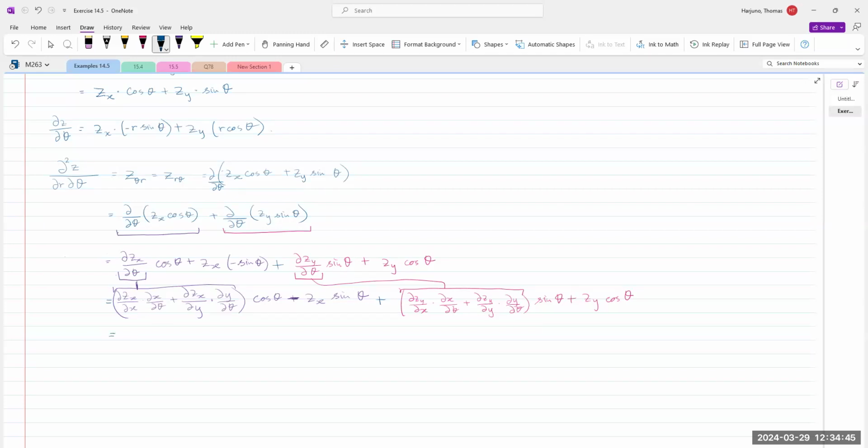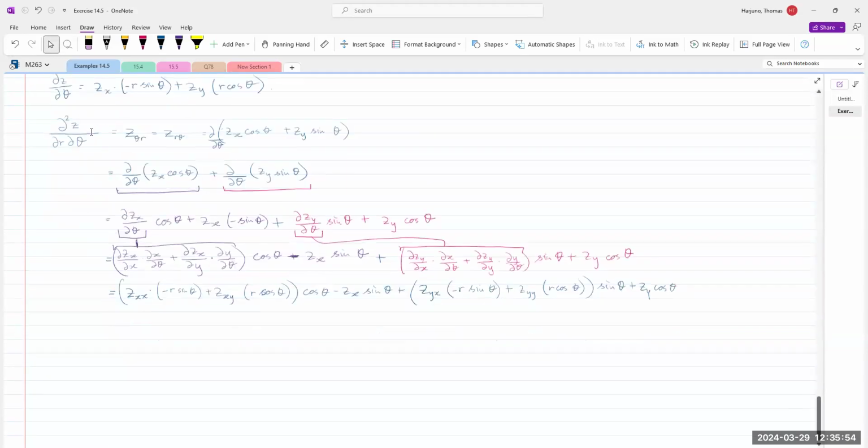But anyway, this is equal to z sub xx times dou x dou theta, which is negative r sine theta, plus z sub xy times dou y dou theta, which is r cosine theta, times cosine theta minus z sub x sine theta, plus z sub yx times negative r sine theta plus z sub yy r cosine theta sine theta plus z sub y cosine theta.